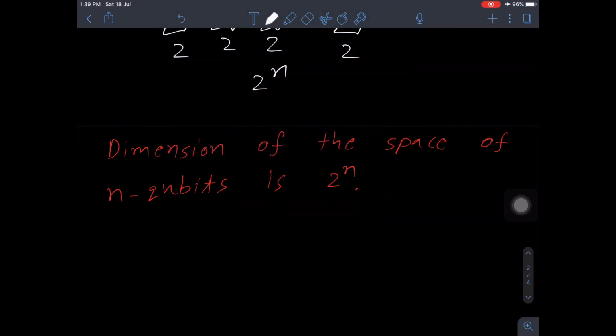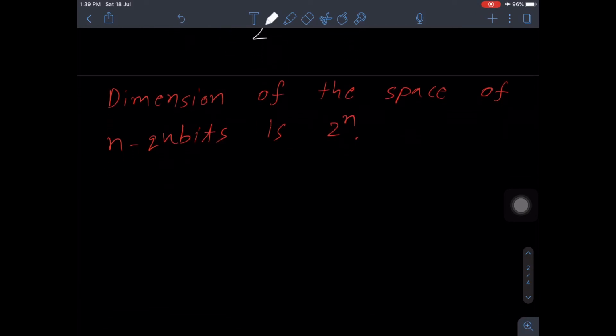This is one of the fundamental punchlines of quantum computing. If you keep on increasing n, classically, if you keep on increasing the number of bits in your system, the information you can encode increases linearly.